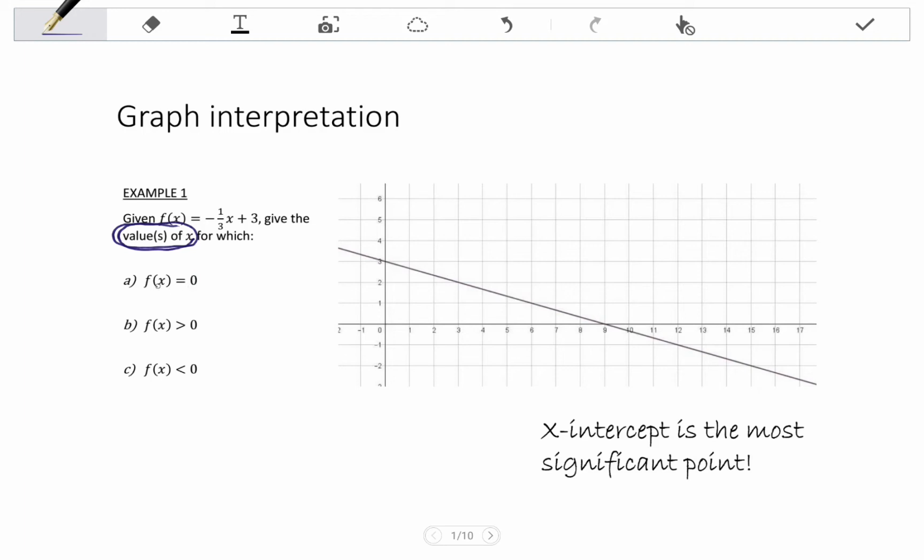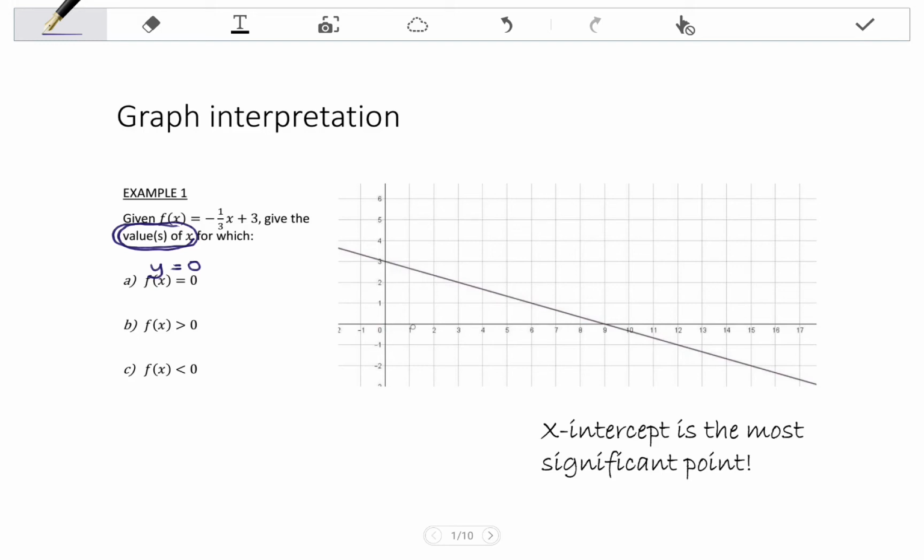Okay, so to help you do that, remember that the function notation f of x can be replaced with y. So this is actually asking you, where is y equal to 0? So once you understand that, you use the y values to find the place on the graph where your answer will be. Okay, so y equals 0 is over here.